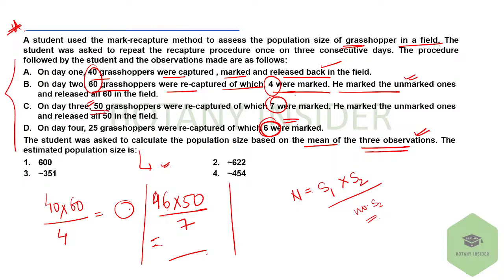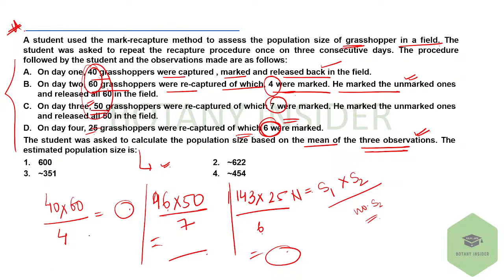Third, 25 were recaptured again and 6 were marked. Now over here, the number of individuals will be 60 plus 40 plus 50 minus 7, so that is 143, into 25, sample size second, divided by 6. So this is the number of individuals on the third consecutive day.